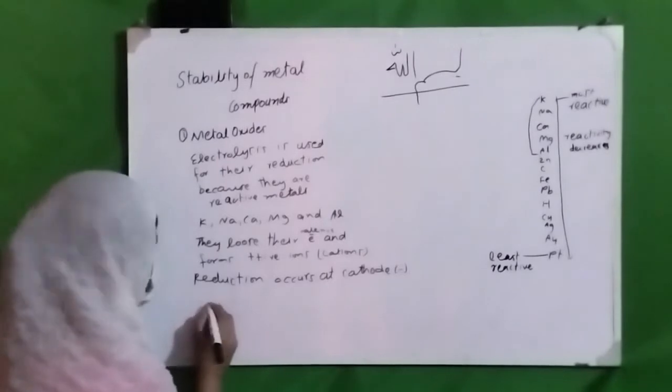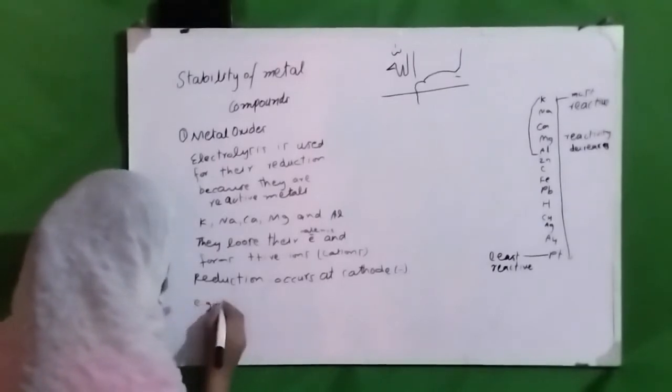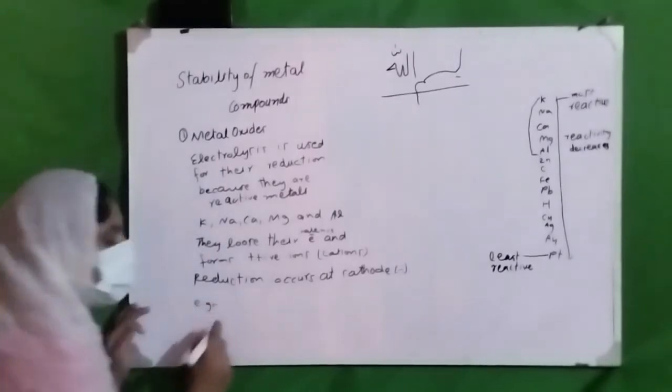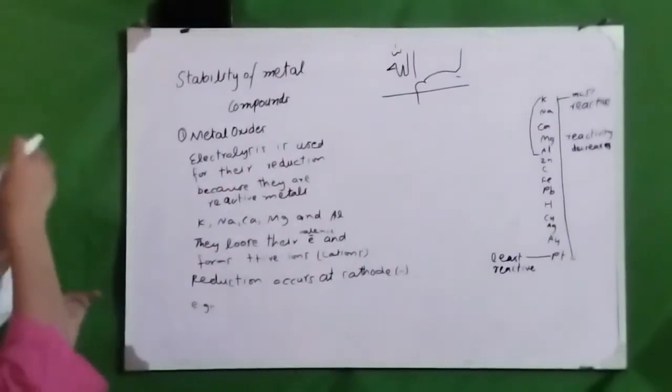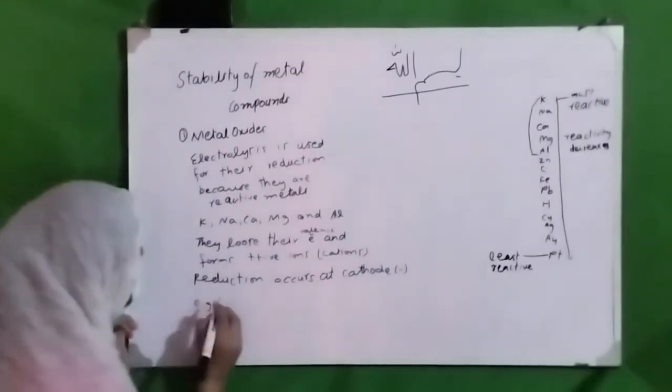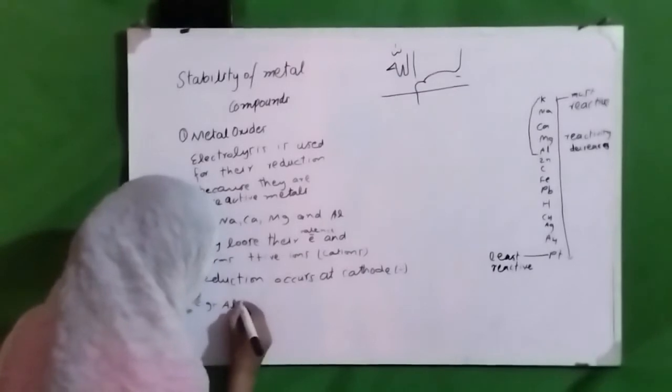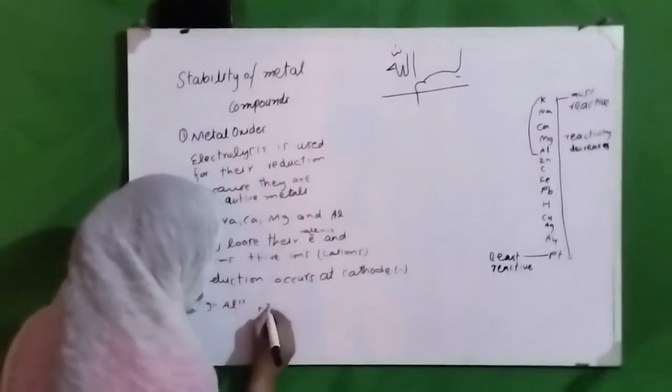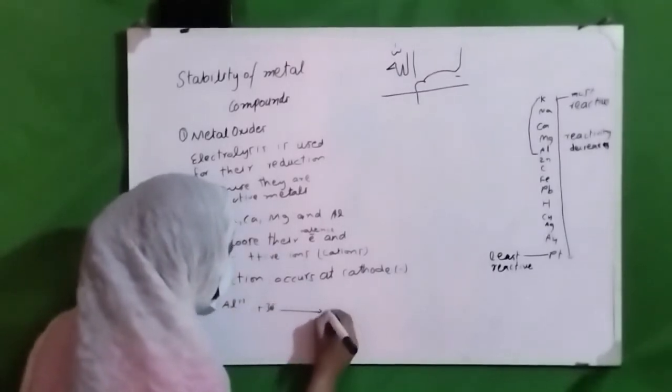Let me give you an example. In aluminium extraction, the reduction occurs at the cathode with the equation: aluminium ion (aqueous) plus 3 electrons gives aluminium solid.